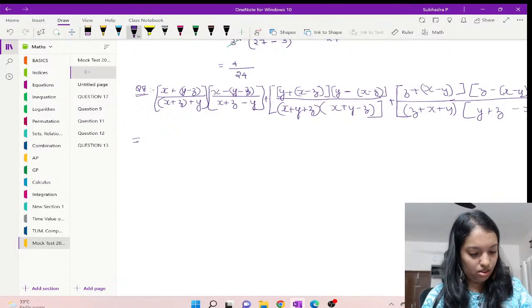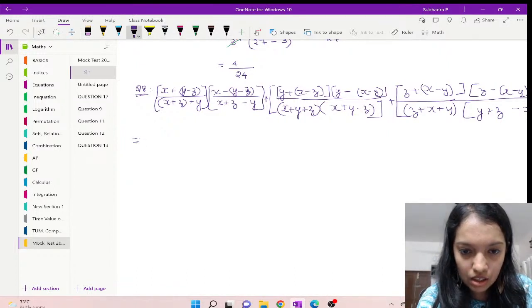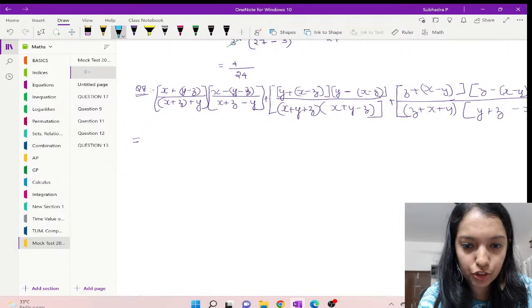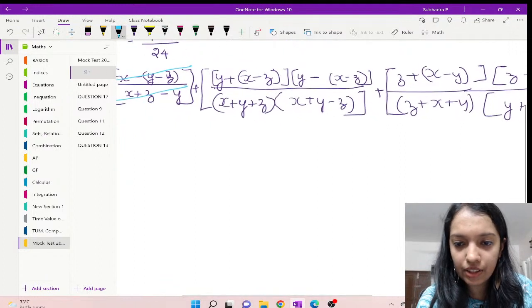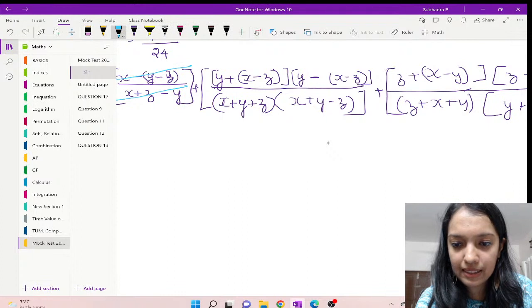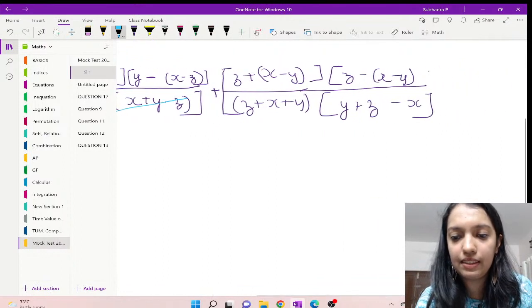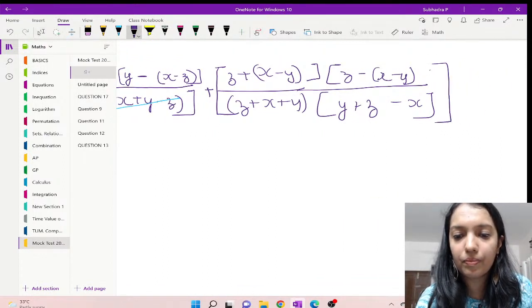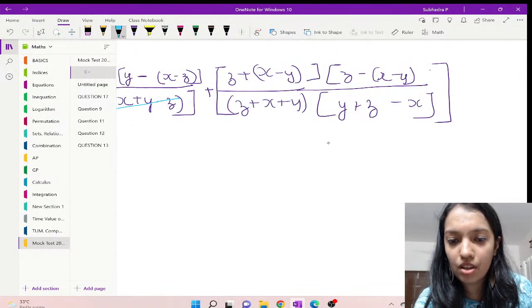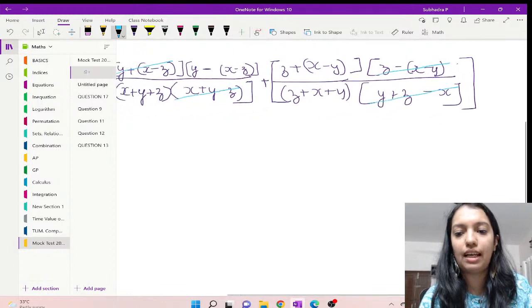I can clearly see that x minus y plus z, x minus y plus z, so this and this gets cancelled. Here minus x. Okay, so here what is going to get cancelled? X plus y minus z, x plus y minus z will get cancelled, and in the third term I can observe that this and this is going to get cancelled.